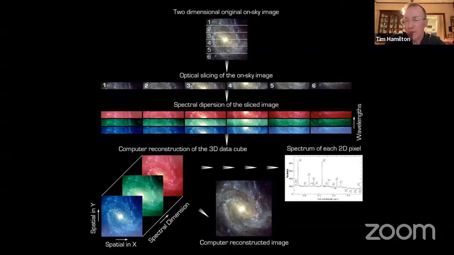And so we get a spectrum of each of those slices. And then those are sent on to the detector. And then we can reconstruct the so-called data cube after the fact.